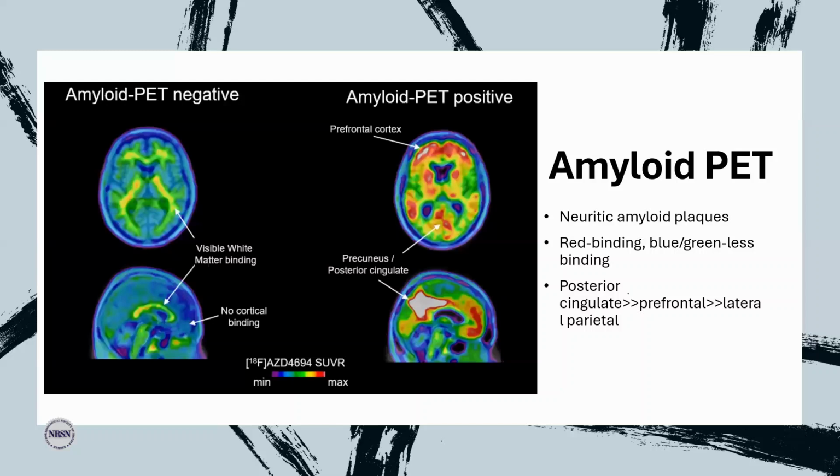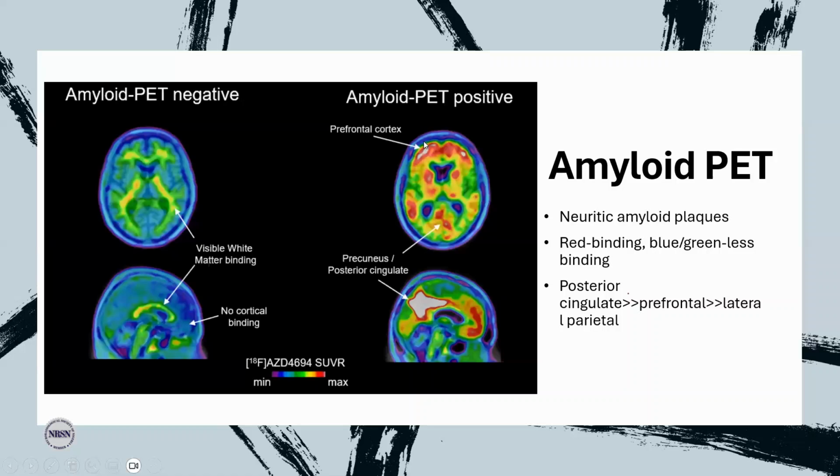So you inject a patient with radio tracer and it will bind to all the areas that have increased accumulation of beta amyloid. On this image, the red just shows you that there is binding of this amyloid radio tracer to the amyloid protein in the brain.